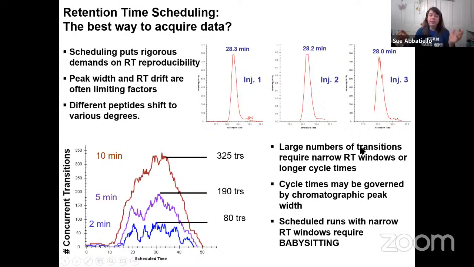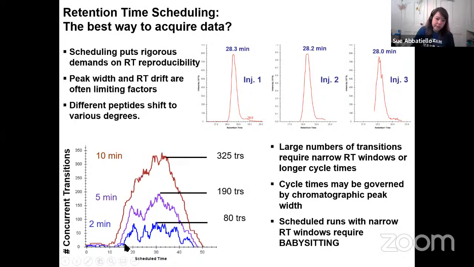And so we want to set these windows as wide as we can without spending too much time waiting for a peak. These plots give us that idea of, if we put a 10-minute retention time window around each of the transitions, and we have 325 transitions, this is going to spend a whole lot of time generating data for transitions that are not actively eluting.